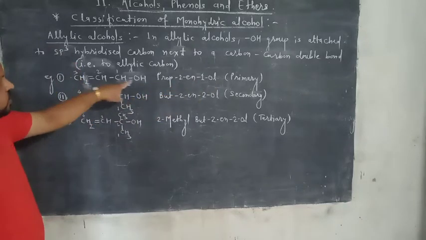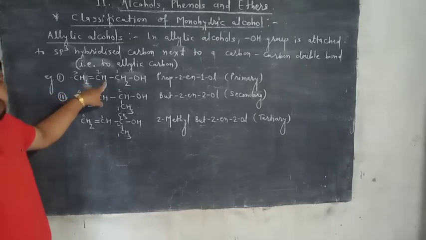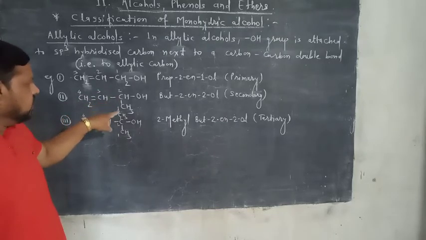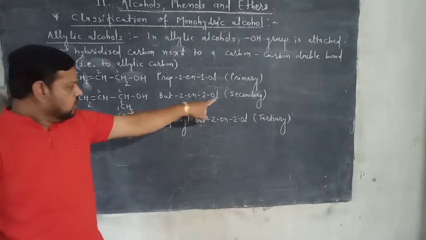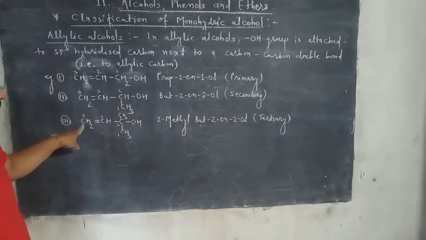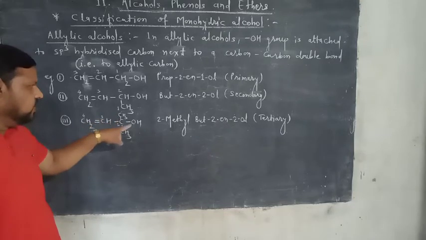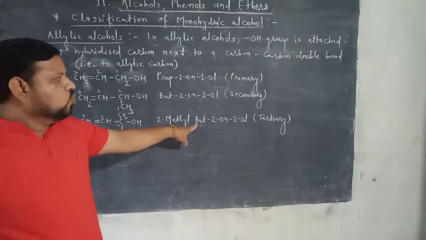This CH2OH is attached to this CH2=CH. Then the second example is CH2=CH-CH(CH3)OH, but-3-en-2-ol. Then the third example is CH2=CH-C(CH3)2OH, that is 2-methylbut-3-en-2-ol.